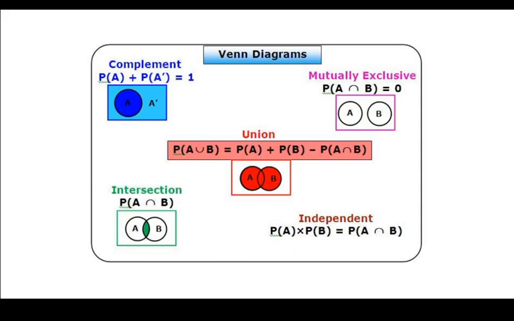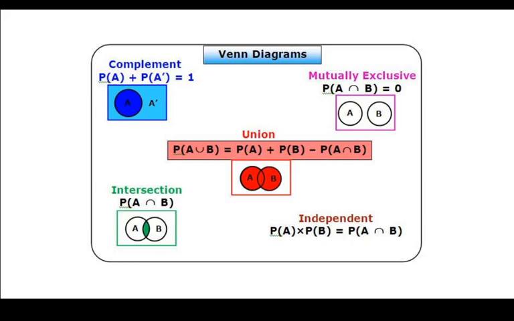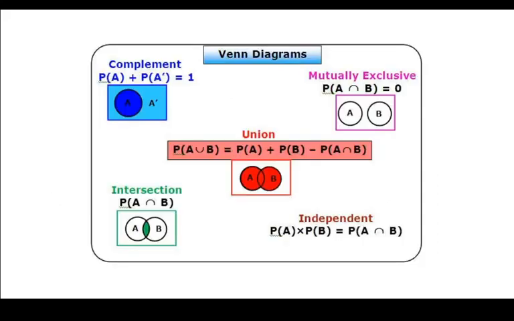Yeah, so that's what they're saying. And then you have a bunch of formulas right here. If you play around with Venn diagrams and understand the basics of this, you would understand the next part. You just need to know some of the terms. Mutually exclusive is basically two events that don't intersect, so they're completely two different events that never occur together.